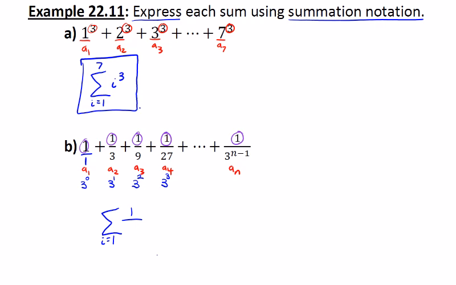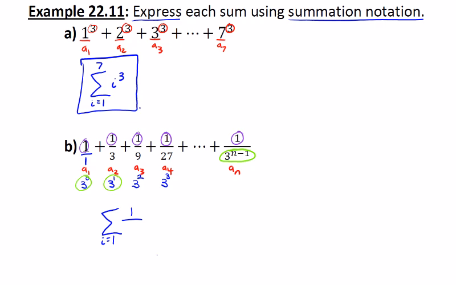And as it turns out, if you look here at the last term denominator, 3 raised to the n minus 1, that actually tells you your pattern right there. If you plug in a 1, you're going to end up getting 0 for the exponent. If you plug in a 2, you would end up getting a 1 for the exponent, because you're going to have to subtract 1.